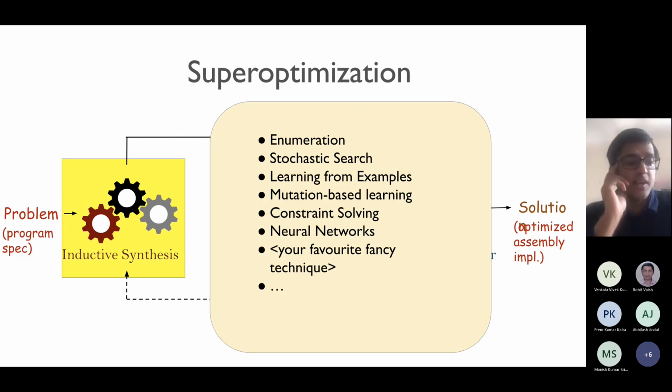For inductive synthesis, several algorithms have been proposed, starting from brute force enumeration, that was original Massalin's work, then stochastic search, learning from examples, mutation-based learning, algorithms based on constraint solving, neural networks, etc. In fact, you can plug any fancy technique you like here, because the algorithm only needs to produce candidates, but hopefully good candidates.